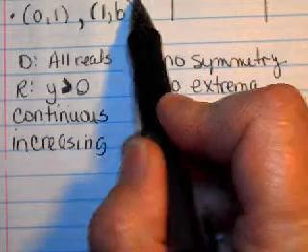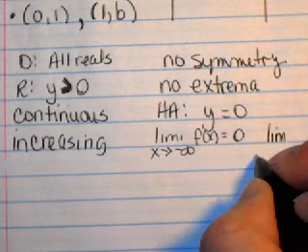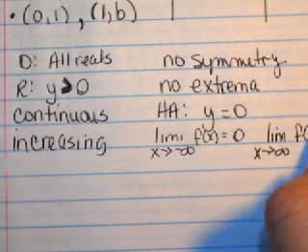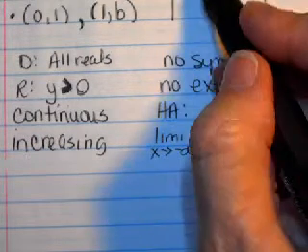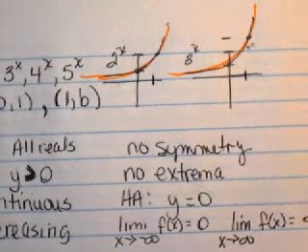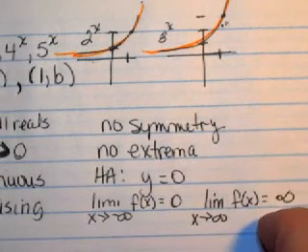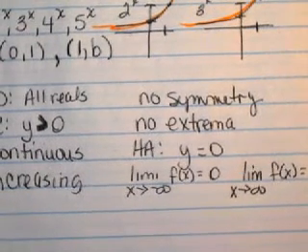That y value is 0. And the limit as x approaches infinity of f of x is going to equal infinity, because it's going on and on and on forever. Okay? So there is number 1 on the discovery.